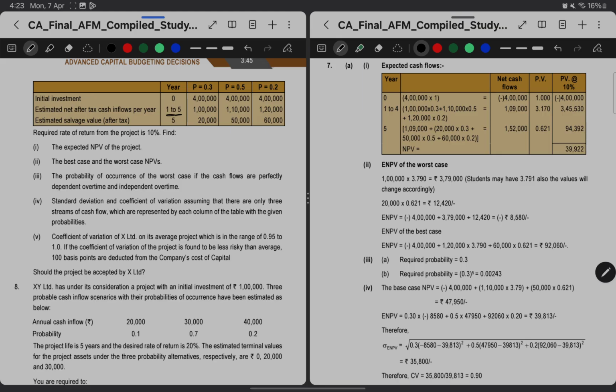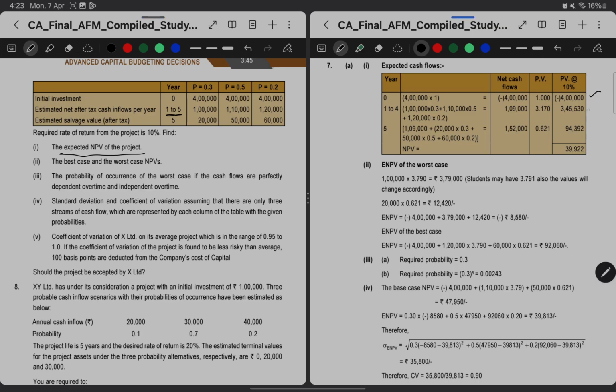Going to next, the standard deviation and coefficient of variation. Before this, first we'll just see the three answers, then we'll come to the fourth and fifth ones. For the first one, the expected NPV of the project, we multiply all the cash flows with the probabilities to arrive at the expected initial investment, expected net cash inflows, and expected salvage value.